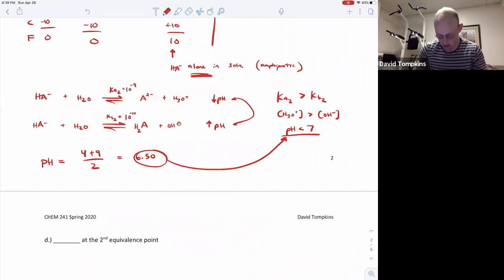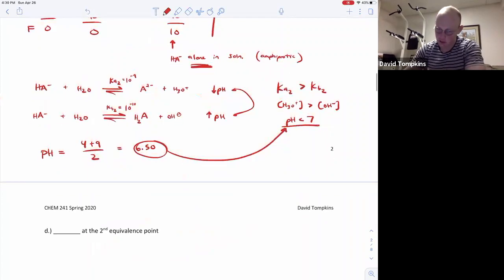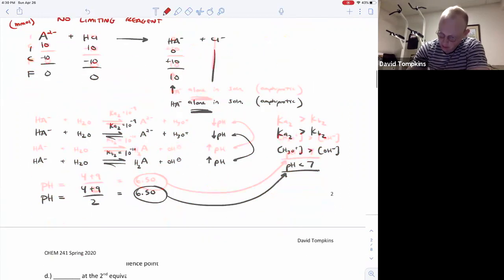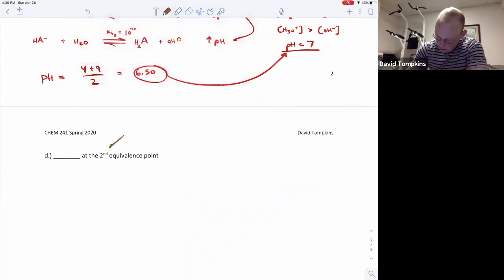So now at the second equivalence point. Well, to get to the first equivalence point, it took 20. So to get to the second equivalence point, that means it's going to take 40 mL of our 0.5 molar HCl.